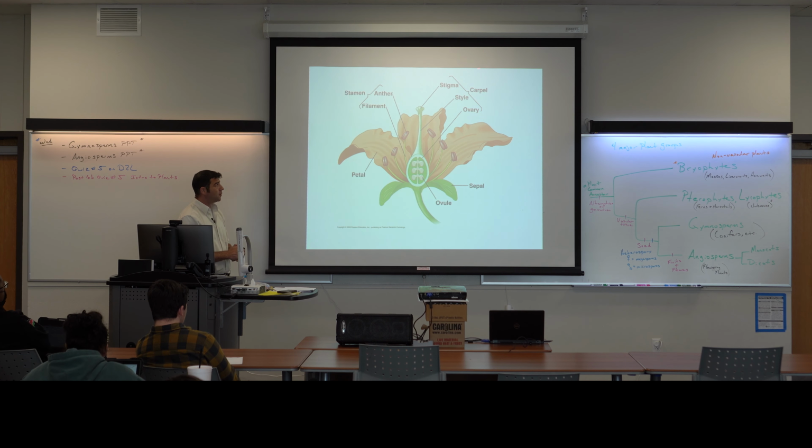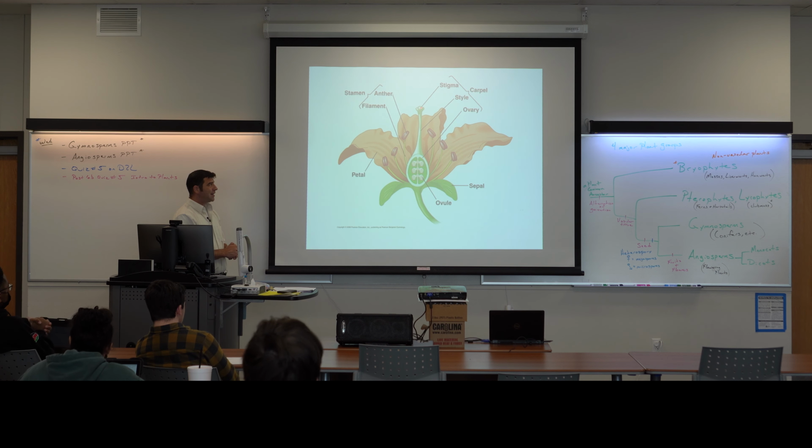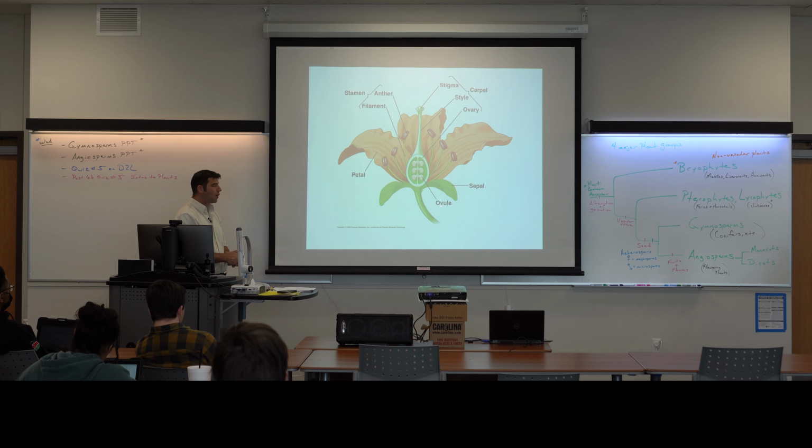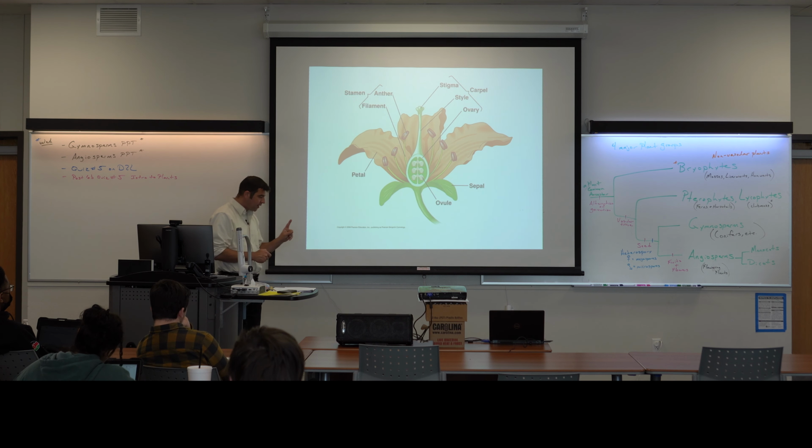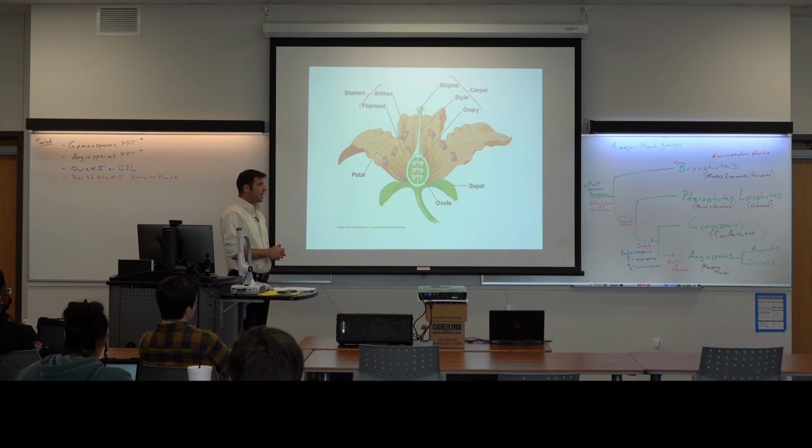We can see it has both female reproductive structures on it, the stigma that is sticky and catches pollen grains. There's this long style, and then there's the ovary down here that houses those cells that we called ovules. Those ovules start out as diploid cells, and those are the diploid cells that undergo meiosis and end up as haploid megaspores.